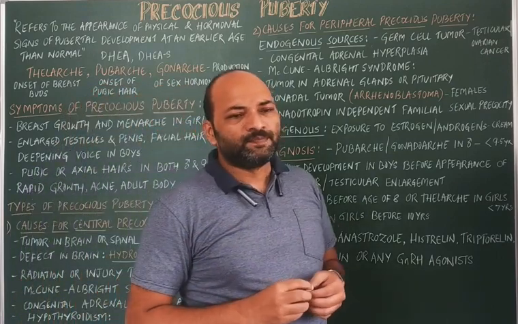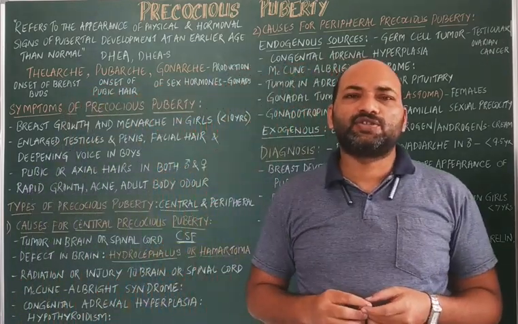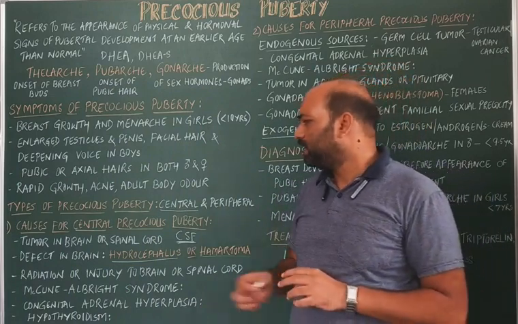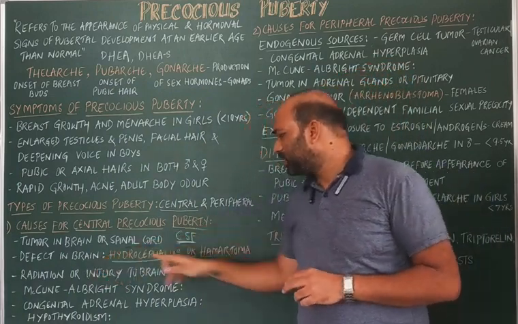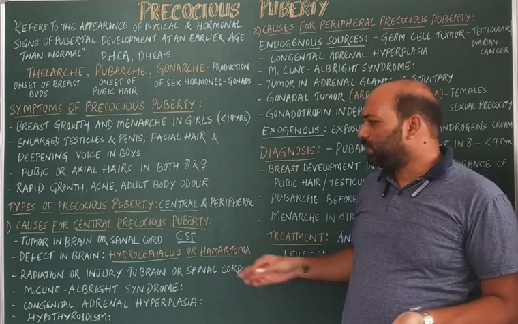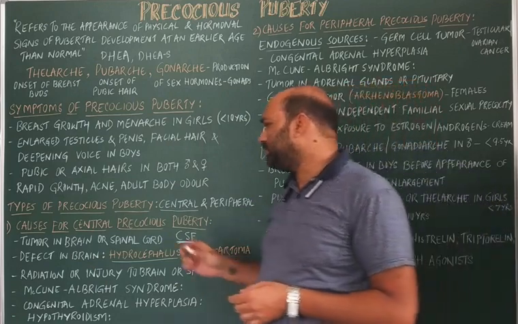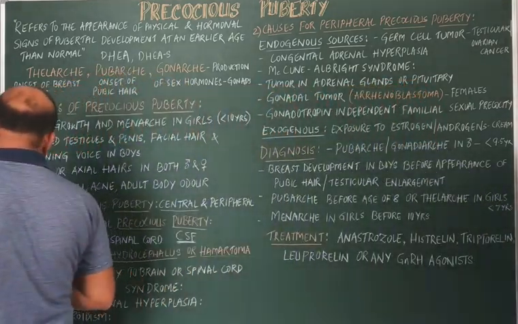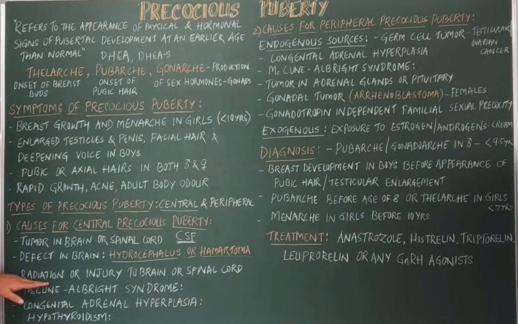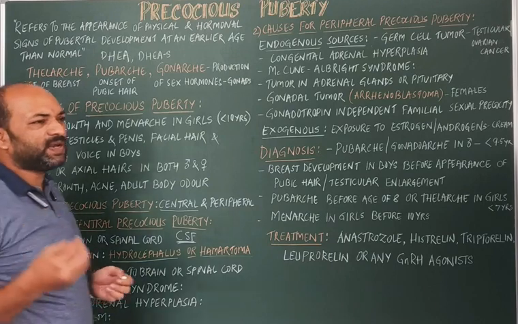Hematoma is a non-cancerous tumor which grows in the brain. So that is the second possible reason for central precocious puberty. Next is radiation or injury to the brain or the spinal cord.